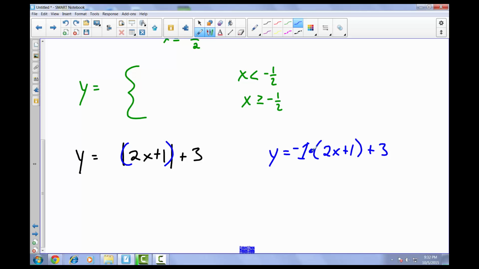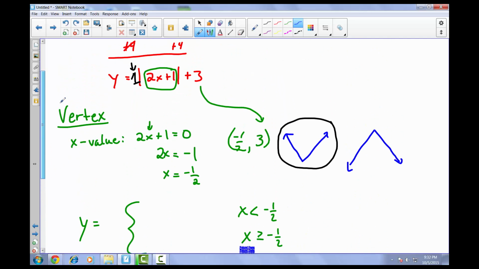We're going to multiply this parenthesis by negative 1. And the reason for that is, really you have a 1 in front of this parenthesis, and this 1 and this 2 are what control our slopes. But when you multiply it by negative 1, you end up with your negative slope. And then over here you'd have that positive slope.